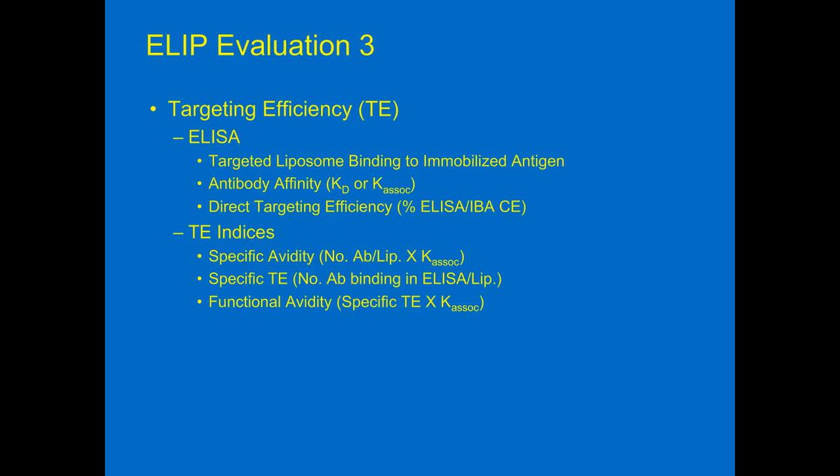And then we also determine a direct targeting efficiency, which is the ratio of the ELISA measured amount of specific antibody relative to the total amount of IgG measured by the Immunoblot Assay.